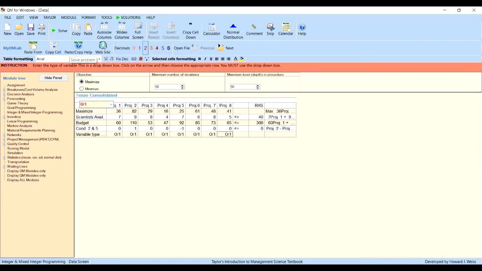If we choose 1, 6, 7, and 8, we have 7, 13, 21, 26 scientists used. That's no problem. If we choose 1, 6, 7, and 8, we have 60, 145, 218, 283. 283,000 is used.